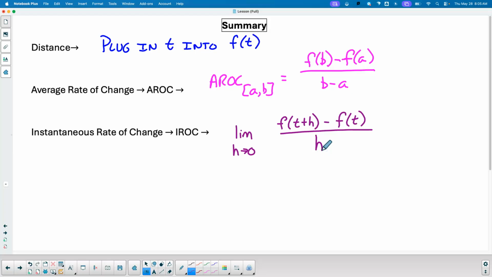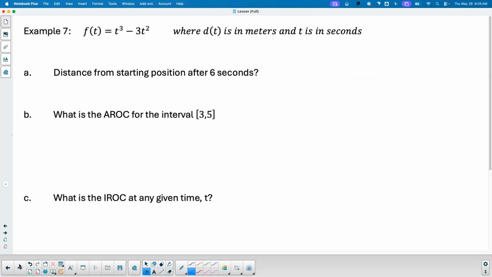And we simplify and simplify until we can't simplify anymore, because then h should be gone in that denominator, and then we can send h to 0, and we find our IROC. So, t cubed minus 3t squared is our mathematical function.